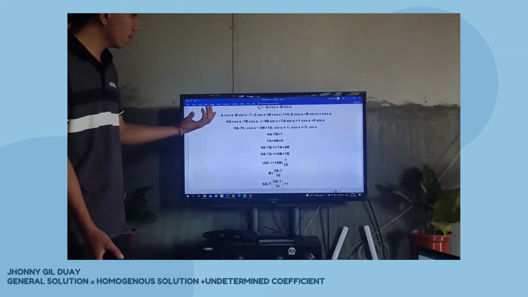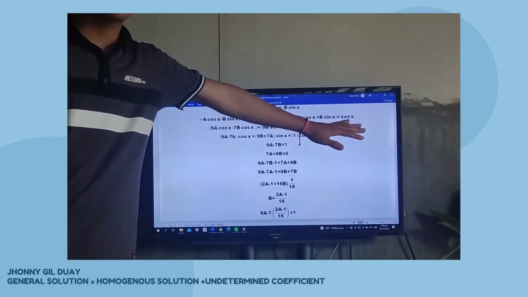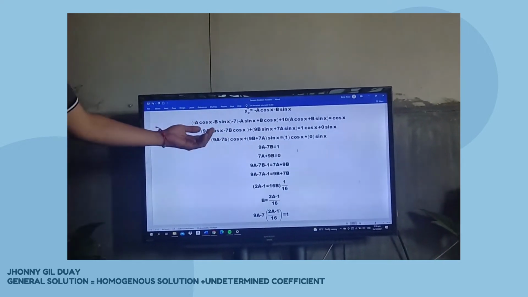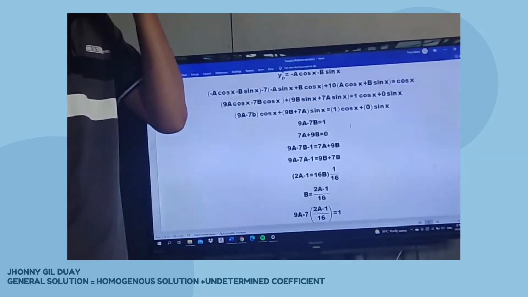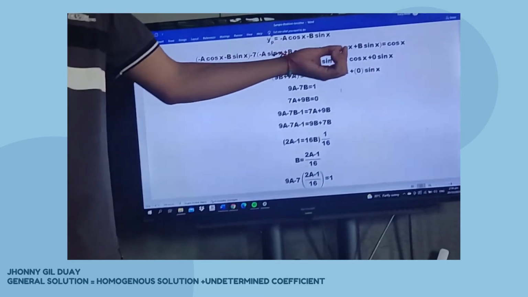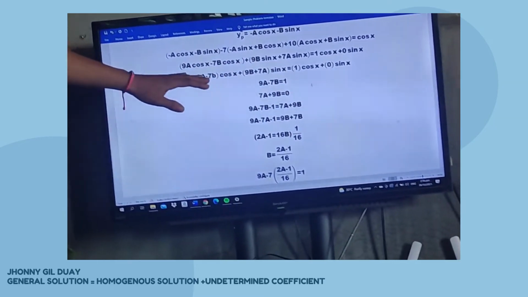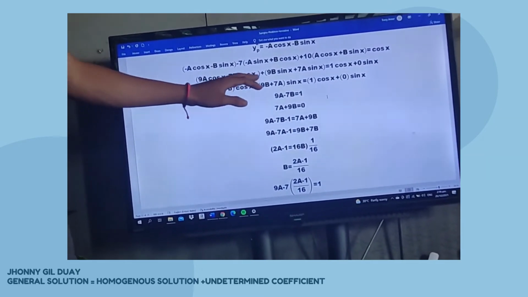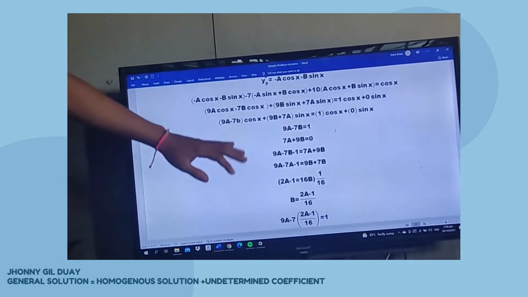Now, combine like terms. Let's focus more on cos x because we have equals cos x here. Here we have negative a cos x and 10a cos x. Let's add that, we'll have 9a cos x. Because we have here the negative 7b cos x, let's put that here.